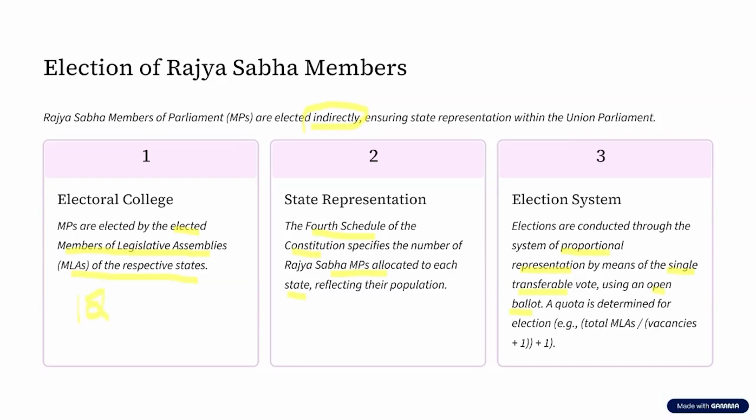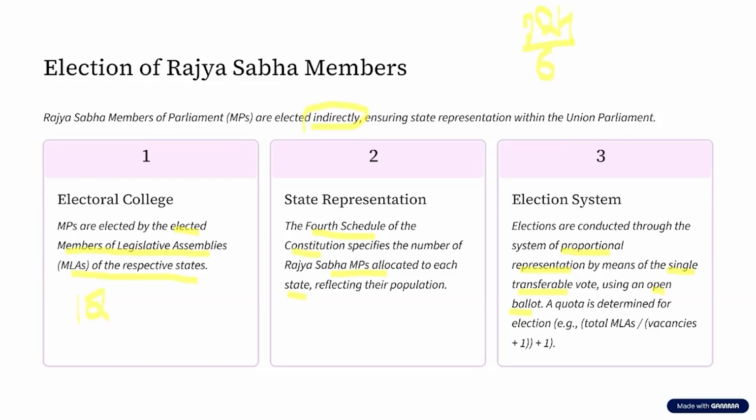If there are six vacancies for Karnataka's Rajya Sabha members, it means that the 224 MLAs of Karnataka have to elect these six Rajya Sabha MPs.